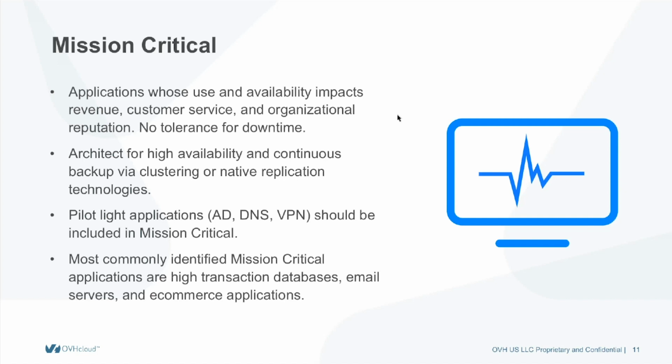So that's where Active Directory comes in and domain name services come in. VPN is for my end users to be able to access the environment that is recovery. So these are always part of a standard disaster recovery design when we engage with our customers.